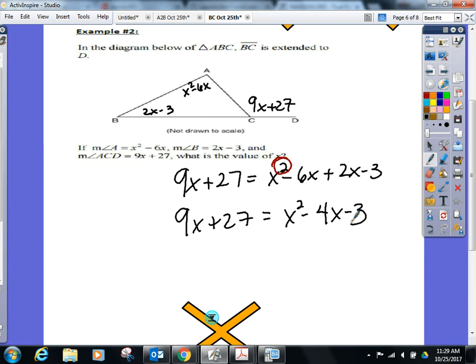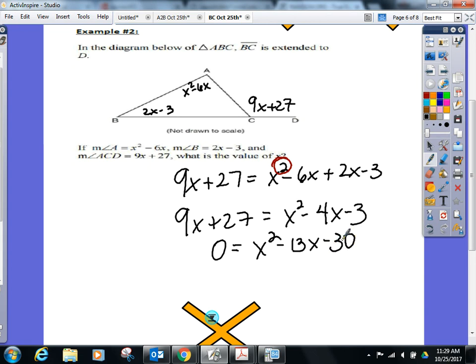Okay, go right ahead. X squared, you got negative 4x minus 9x, negative 13x. Negative 3 minus 27, negative 30.